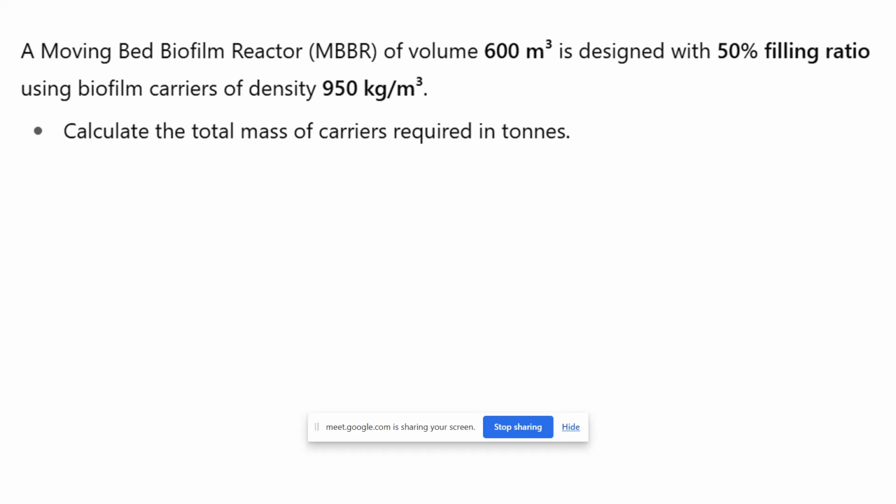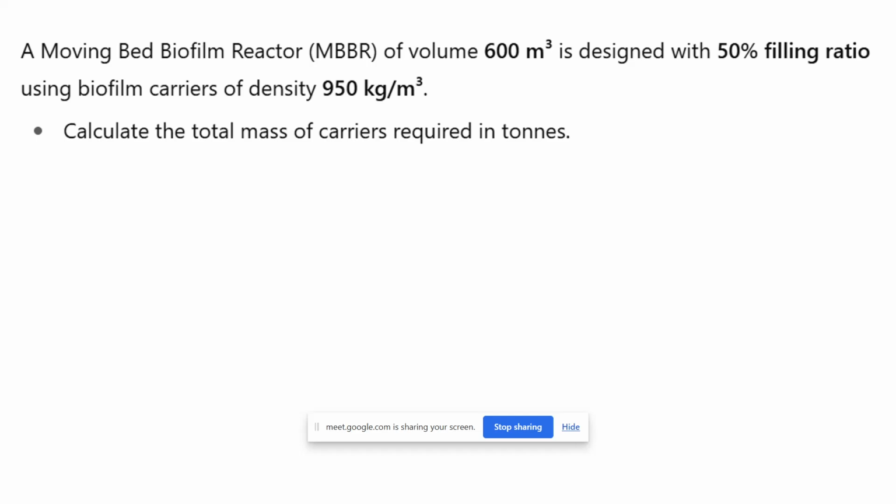So here, given, this is problem 6. Volume is equal to 600 meter cube.